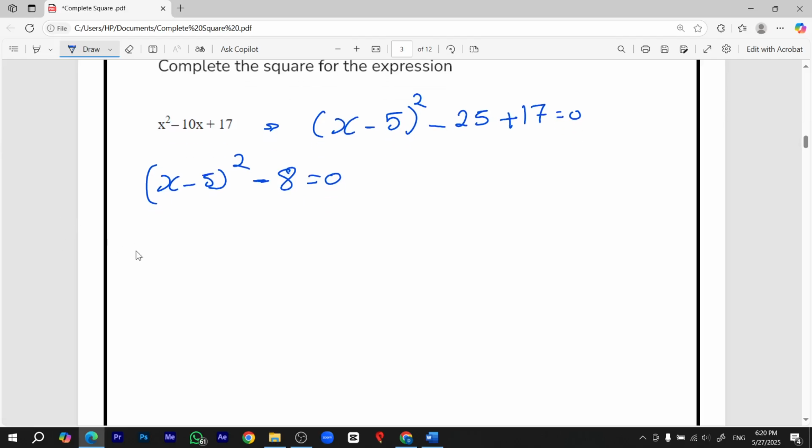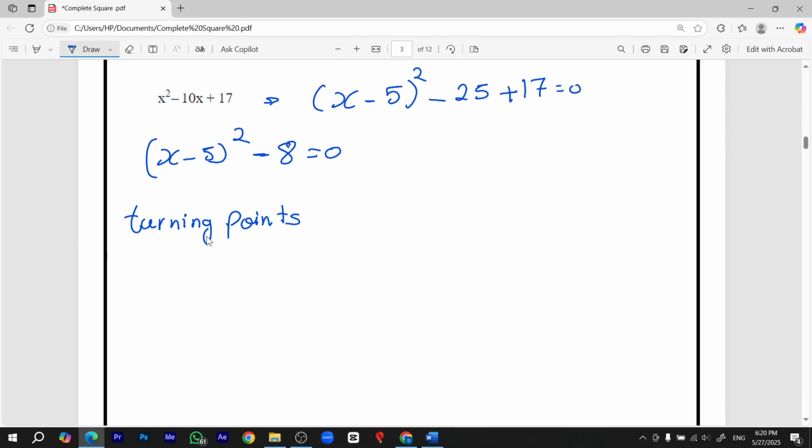How do we get the turning points? We said we have two types of points, either a minimum point or a maximum point. The point has an x and a y. The number inside the brackets gives the x.